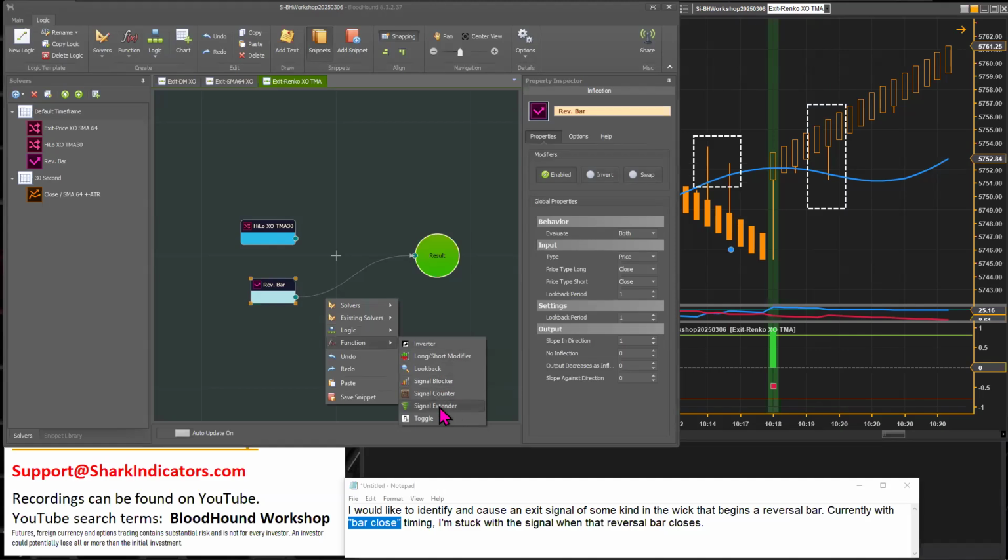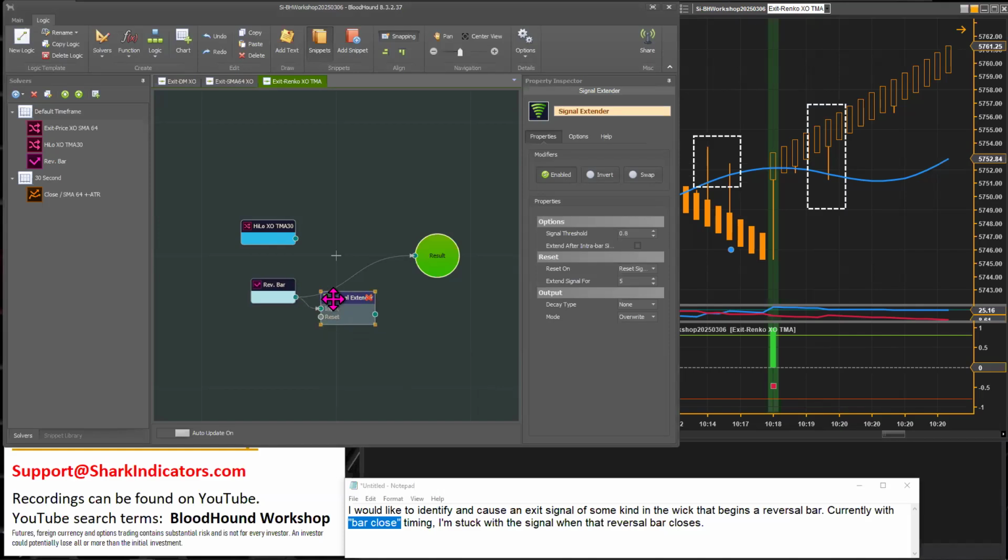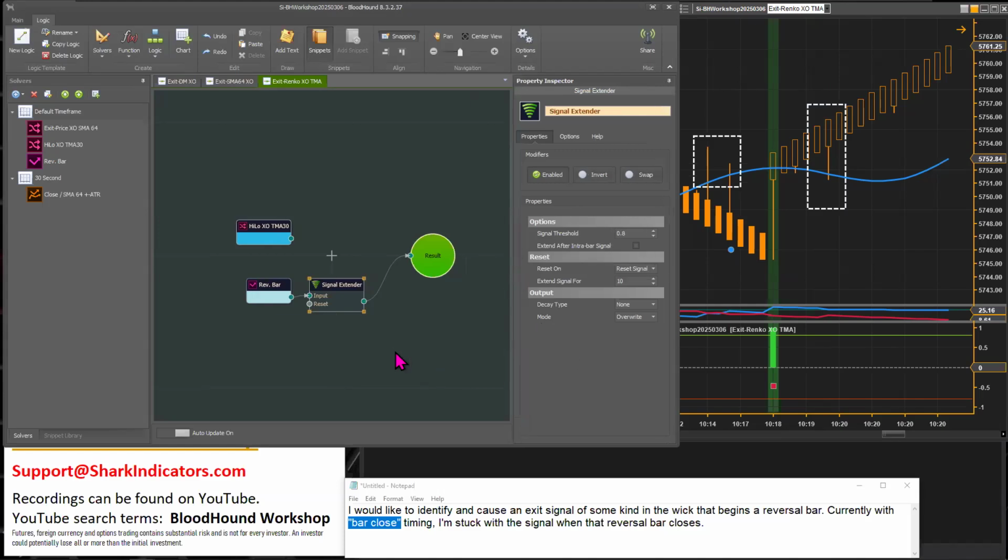Something that's counterintuitive, but we're going to use the signal extender instead.